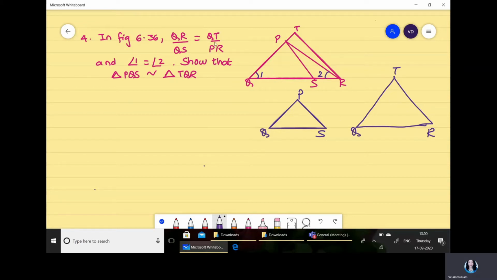So if you could prove that PR and PQ are equal, then I can replace this PR with PQ. Then we get that the two sides are proportional, as we see QR upon QS and QT upon PQ. If I could prove this, then we find that two sides are proportional, which is already given.